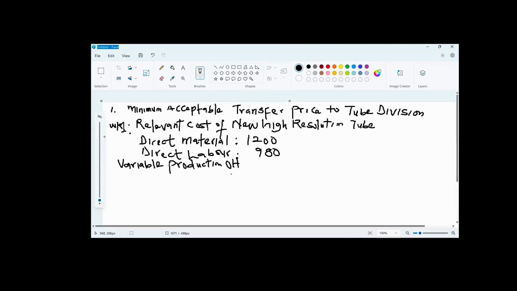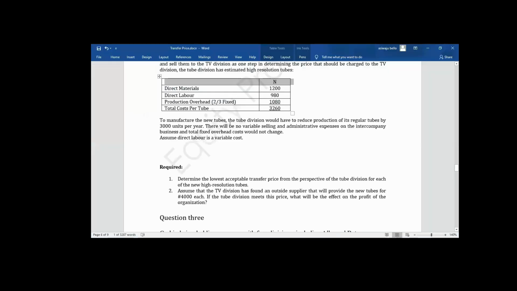You can compute 2/3 of 1,080. When you get the 2/3, now remove it from 1,080. You are left with what? 360. Alternatively, you can just do 1/3 of 1,080. Whichever one you decide to take.